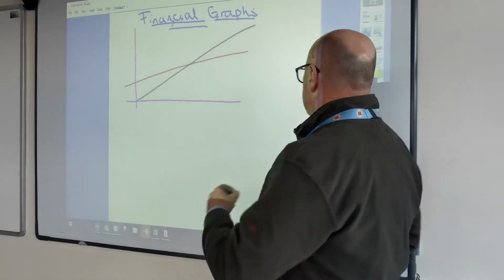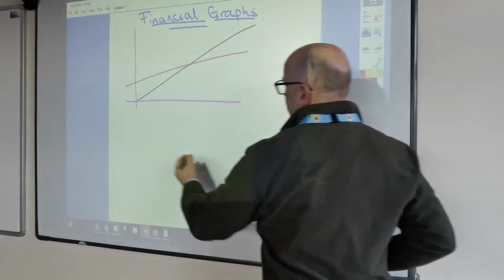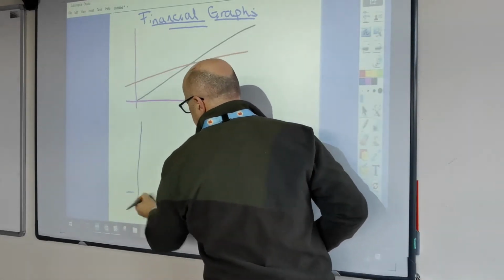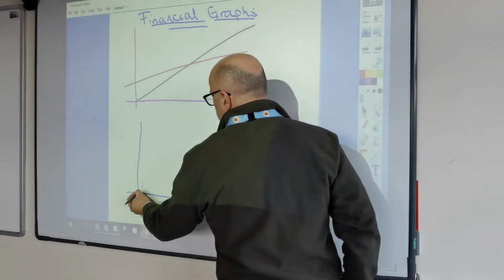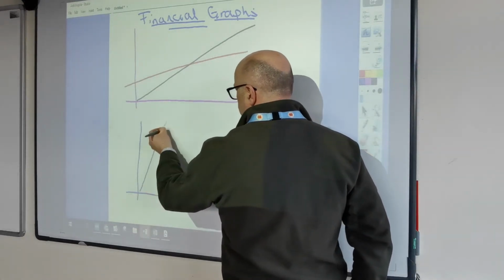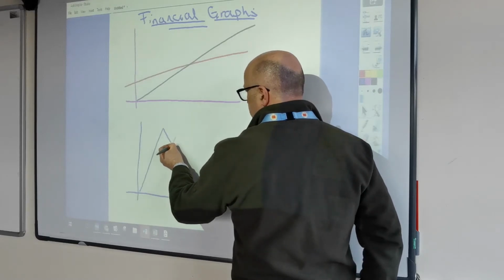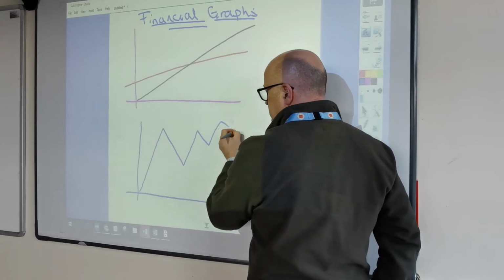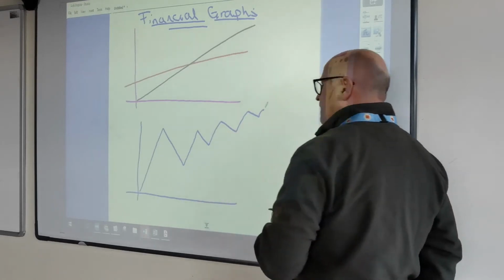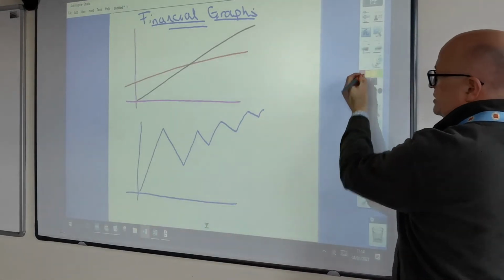Now, one of the other types of graphs might talk about sales of a particular item, and you might find that sales go up for a start, and then they come down, maybe go like that. And what we're looking at is a trend.